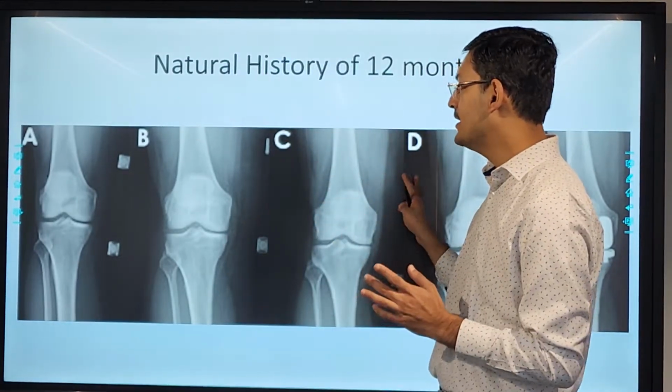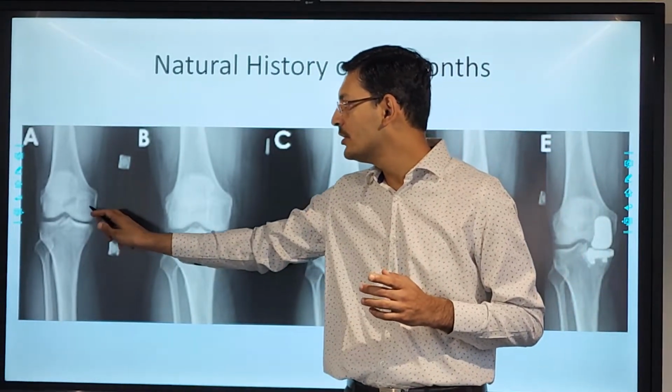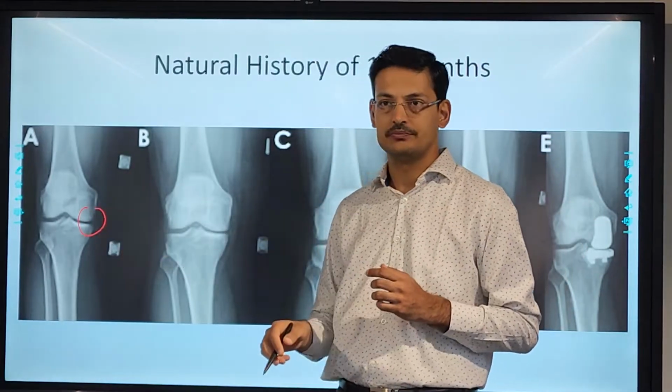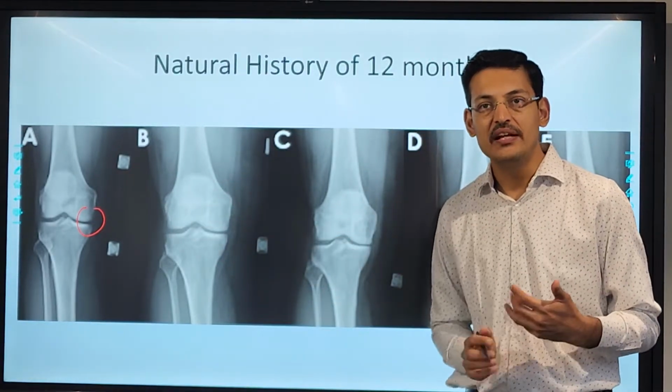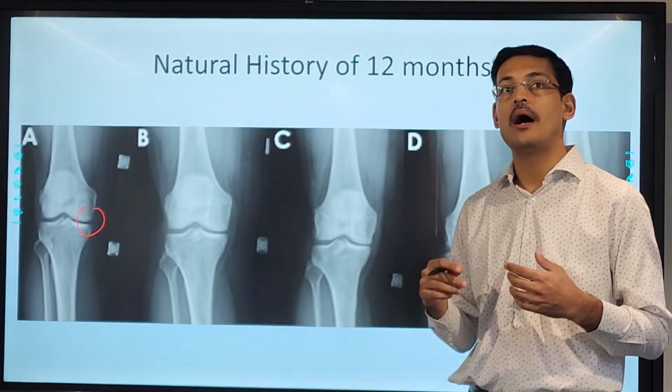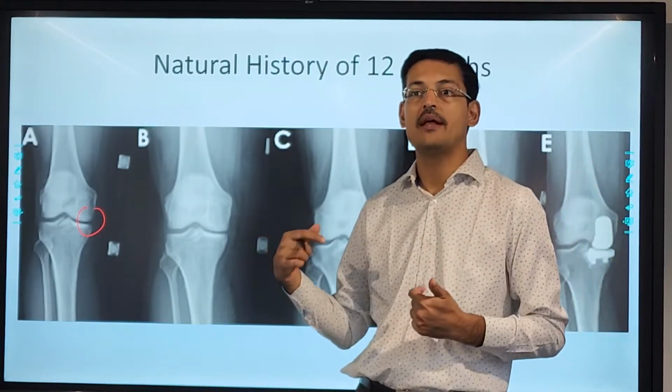Now, important thing here is you must realize and diagnose the problem at this stage. And for this, it is imperative that you tend to have a feeling or tend to have a high index of diagnosing this problem with an MRI.